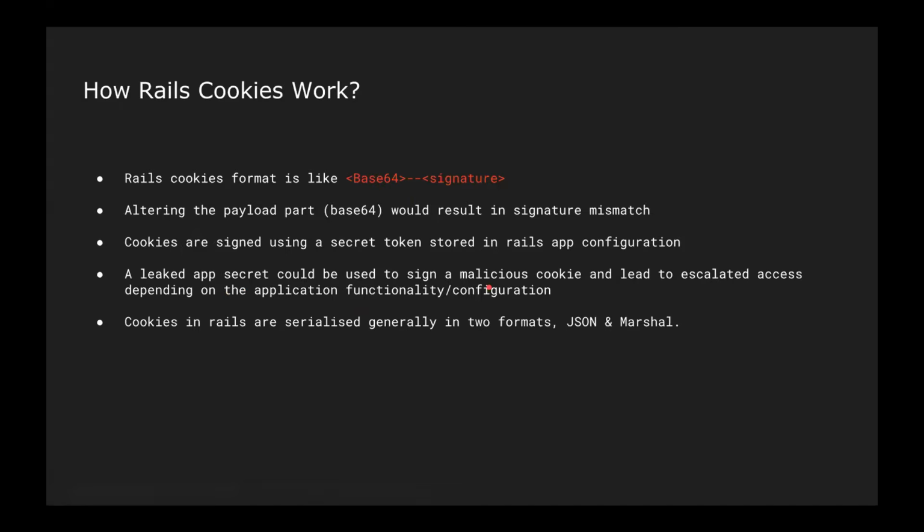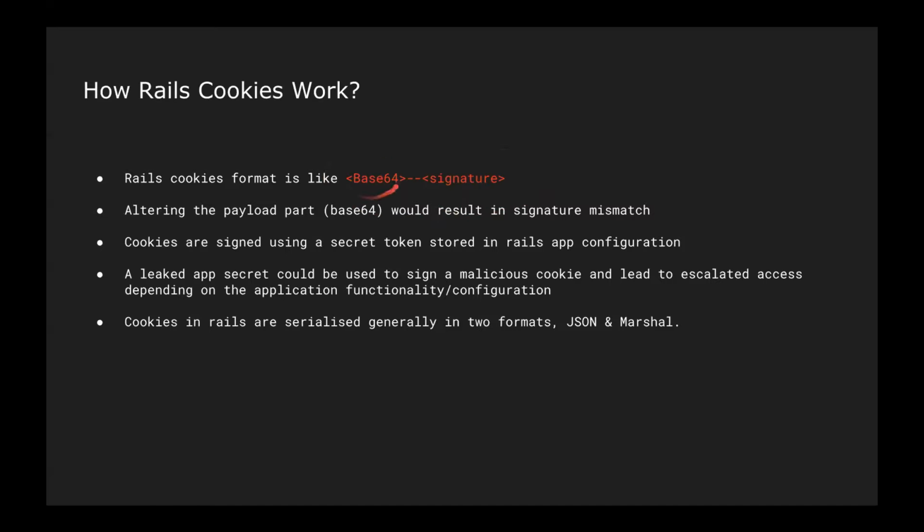So before jumping into the vulnerability itself, let's try to understand how cookies actually work in a Rails application. Okay, now we have a secret token that could sign our own cookies. In Rails, we have this format for cookies: base64--signature. The base64 part is the payload, where the information you want to store goes. And of course, you want to maintain the integrity of it.